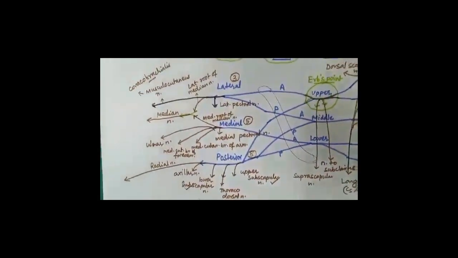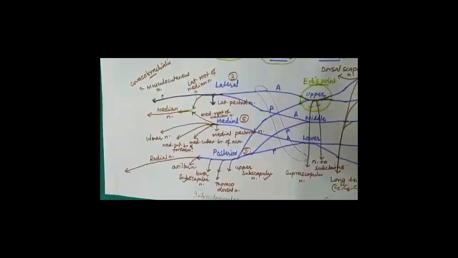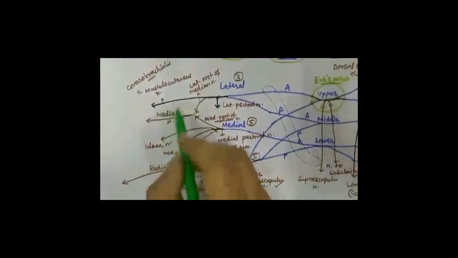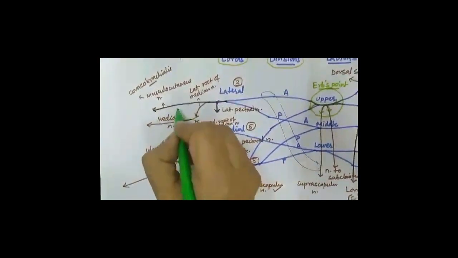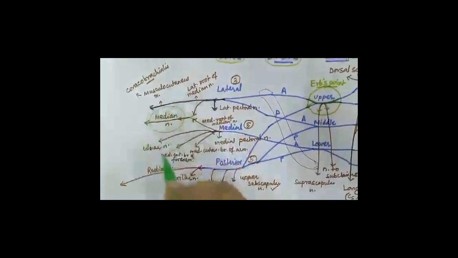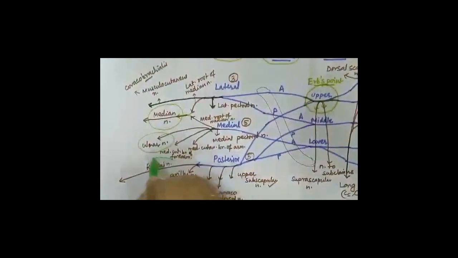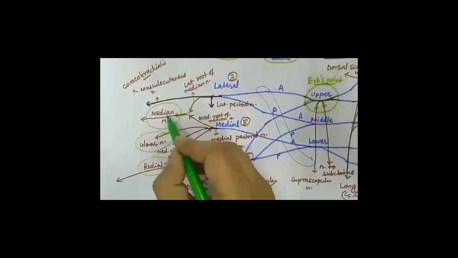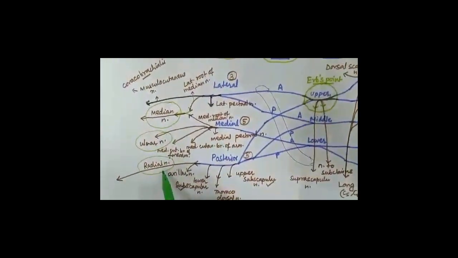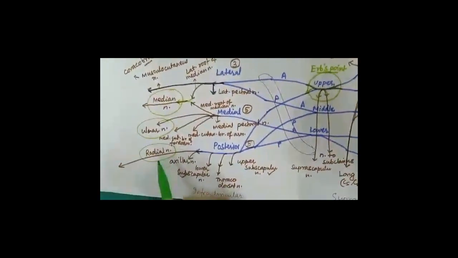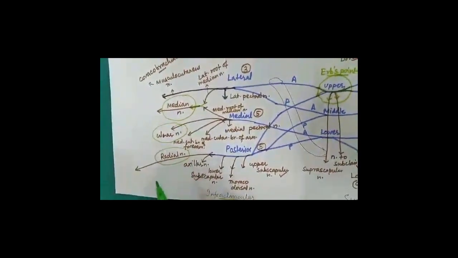So now what we see, there are some very important branches which supply muscles of the upper limb: the median nerve, the ulnar nerve and the radial nerve. And none of these 3 nerves give any significant branches in the axilla.